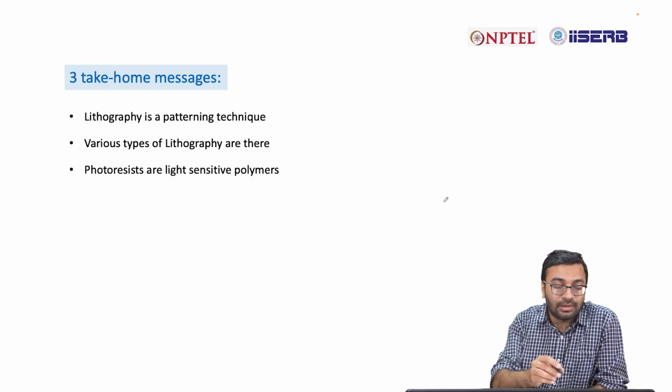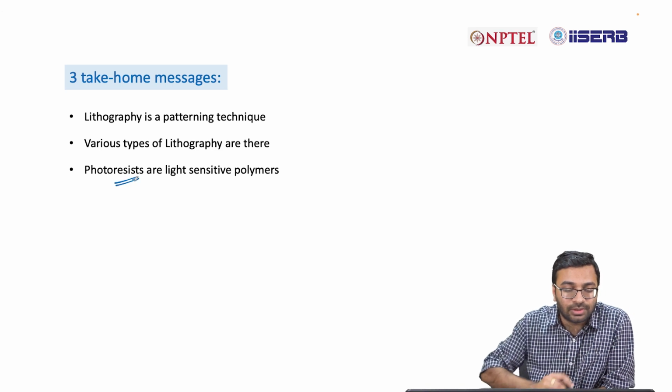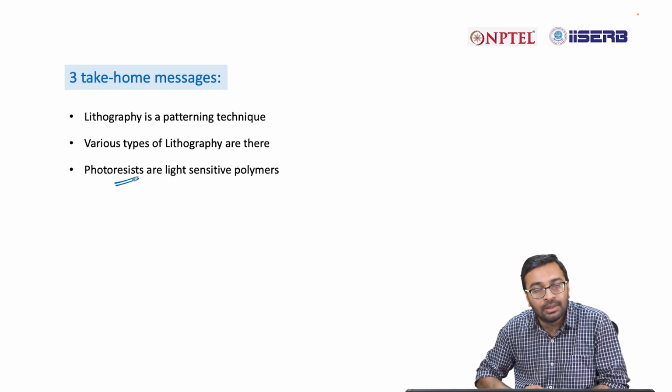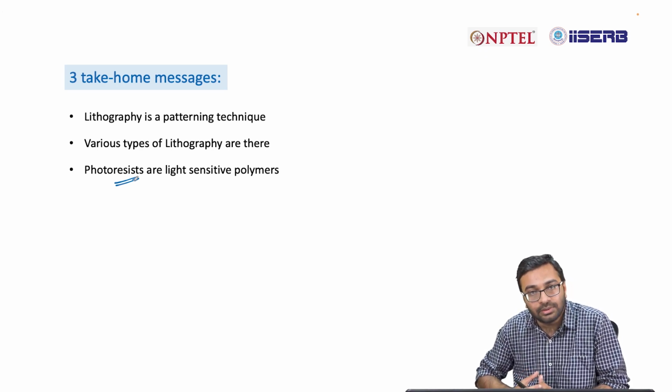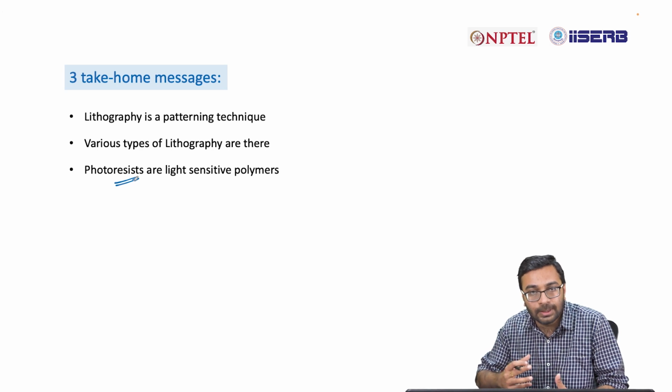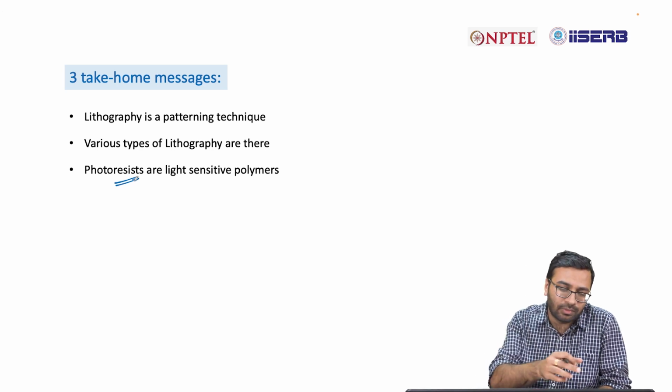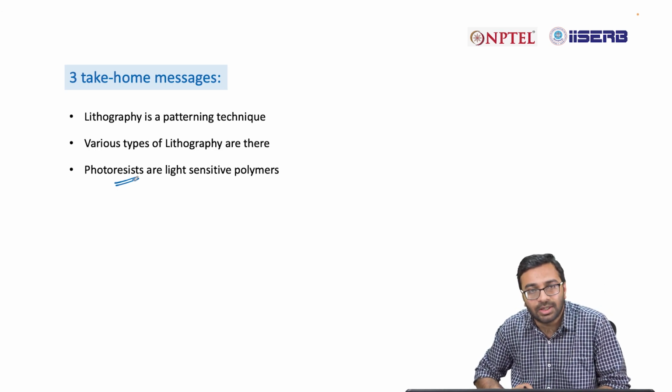Then we have seen a material which is known as photoresist, which is a polymer, and it is sensitive to light, and we take advantage of that. It either hardens or softens based on the property of that polymer. So most of the photoresists are commercially available. One can buy and then use it for device fabrication.